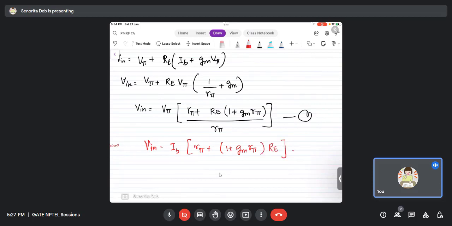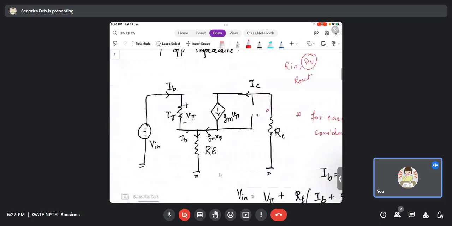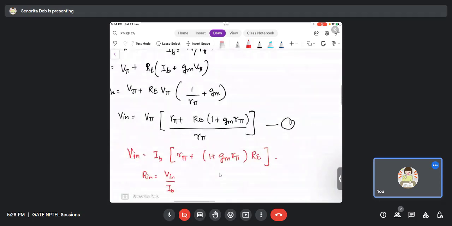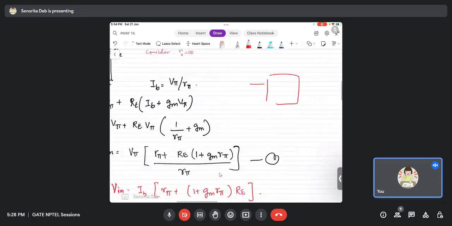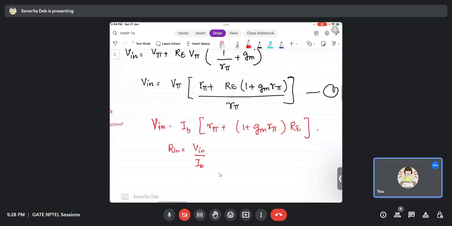And therefore Rin is nothing but V in by IB, right? See the small signal. V in by IB is nothing but your Rin. I had explained it before, two-port network. V in, so the entire small signal circuit is inside this. So V in by IB is your Rin, which is equal to R pi plus 1 plus GM R pi into RE.